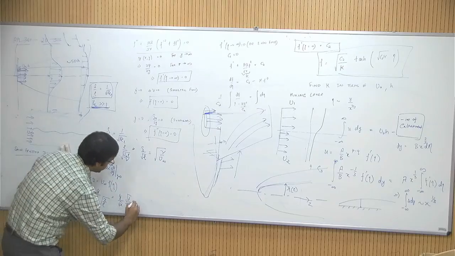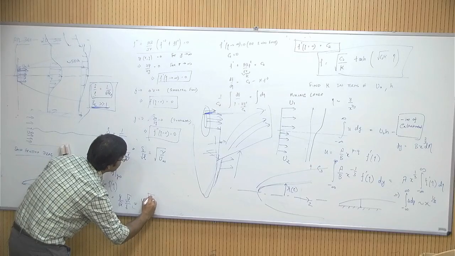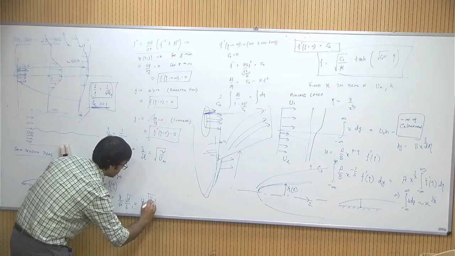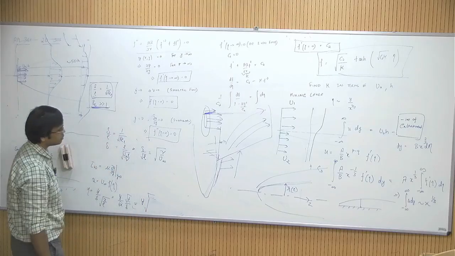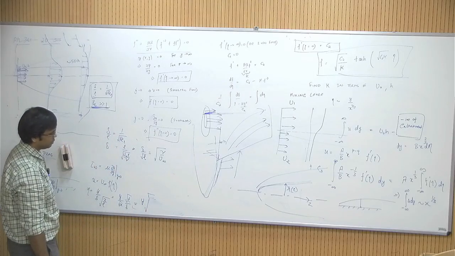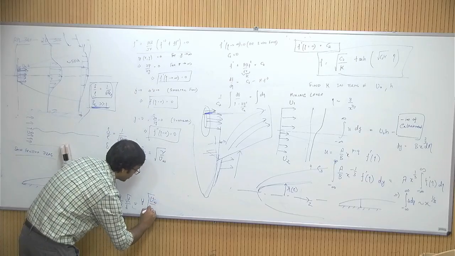So this quantity is actually y times square root of u infinity over nu x.